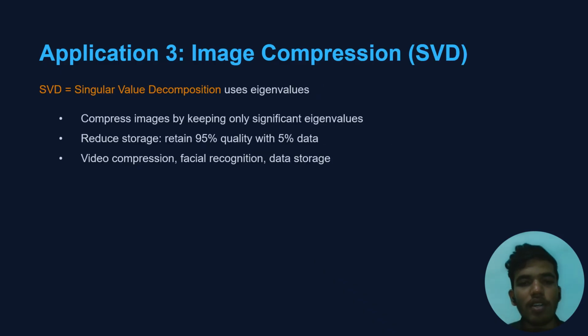Image compression, as we discussed, that is zooming in and out, uses eigenvalues and eigenvectors. SVD, singular value decomposition using eigenvalues, compresses an image by keeping only significant eigenvalues. That brings us to a topic called normalization.